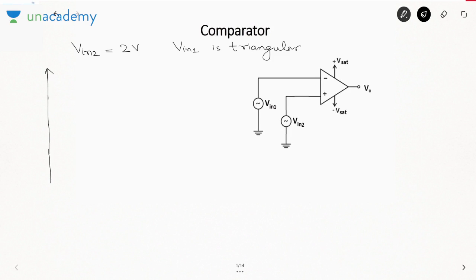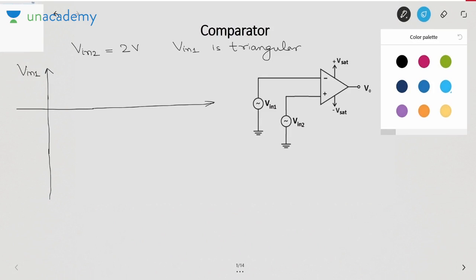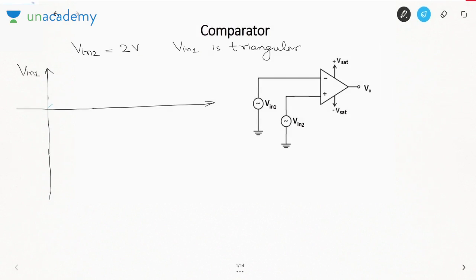So I'll have to draw two waveforms. First I am drawing the input voltage at terminal 1, V in 1. Suppose it is a triangular wave. So let me take triangular wave like this. Okay.